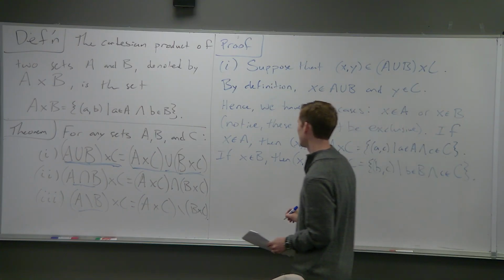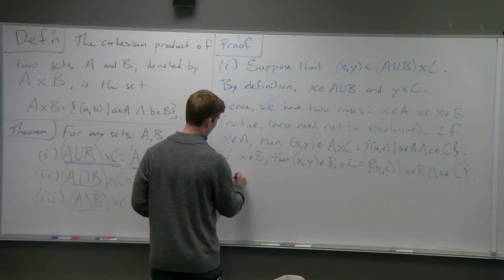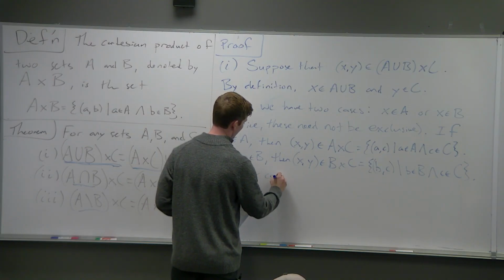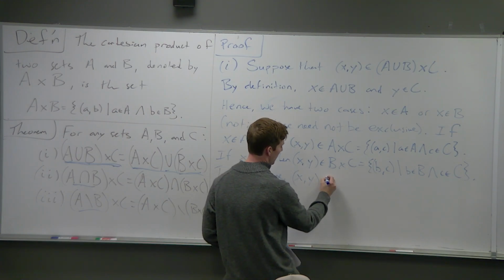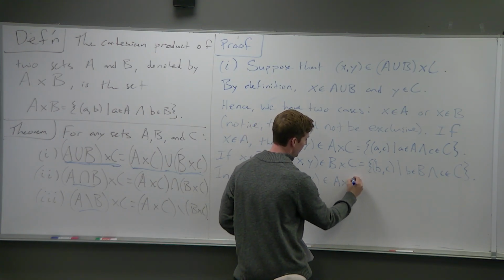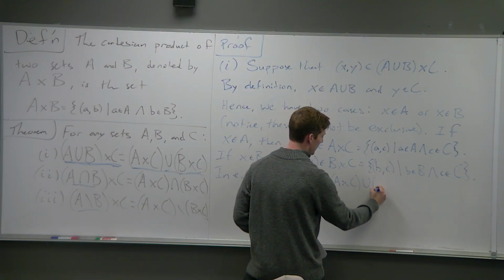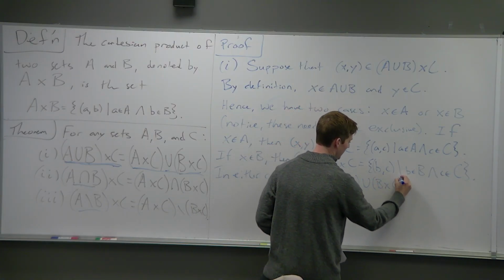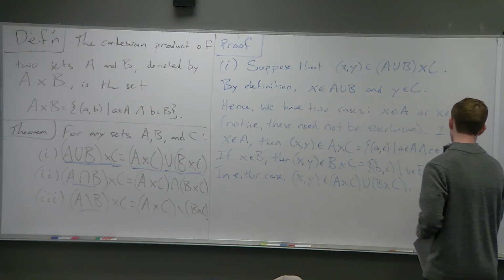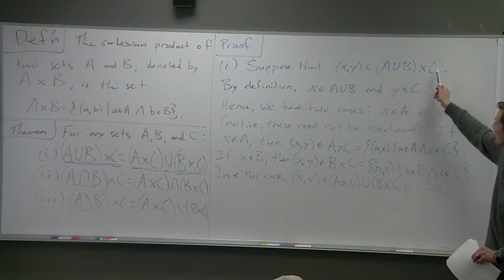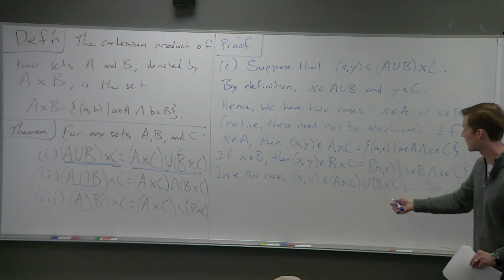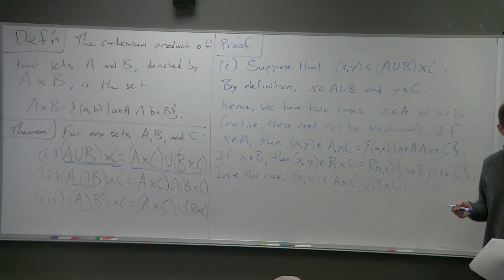In either case, xy is in A cross C union B cross C. So, since we have taken an arbitrary element of (A union B) cross C and produced something that lives in (A cross C) union (B cross C), we have shown that the first set is contained in the second.